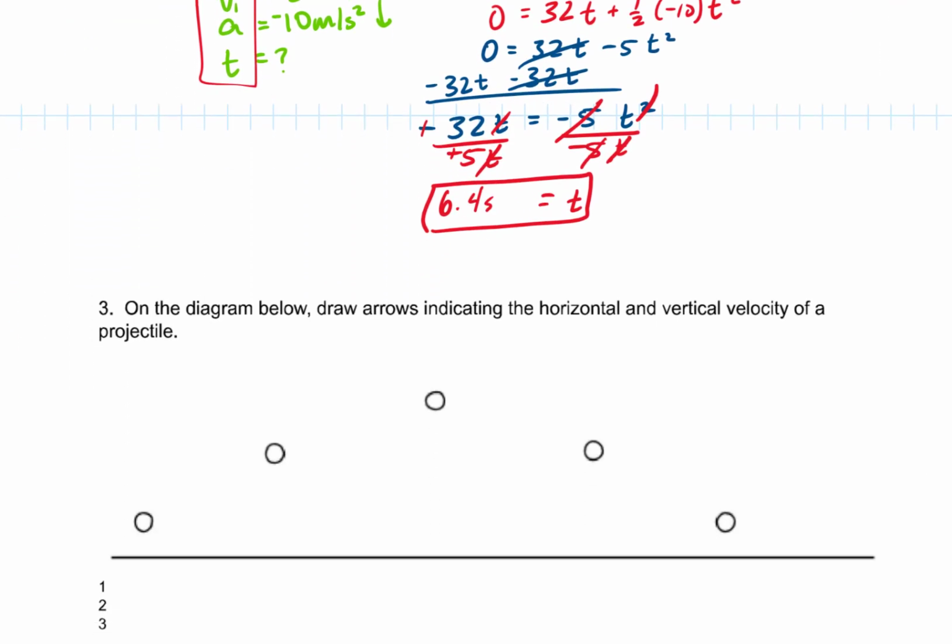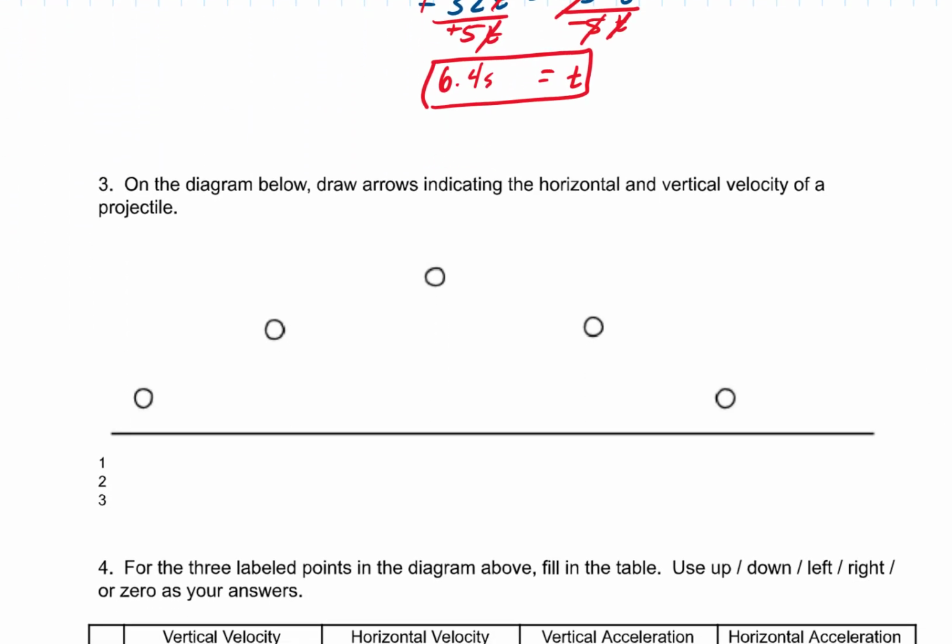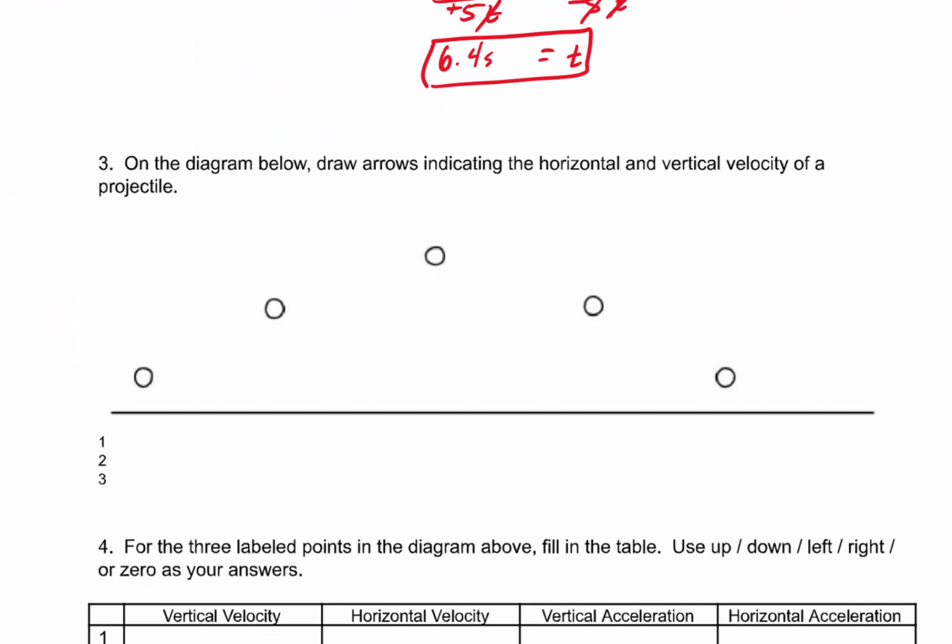All right, number 3, we have a projectile, and I want to know the horizontal and vertical velocities. Horizontally, we'll use red for that. I know that the acceleration is 0. So horizontally, the velocity is constant.